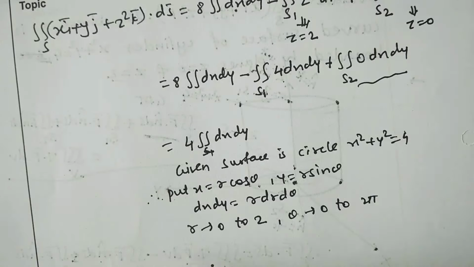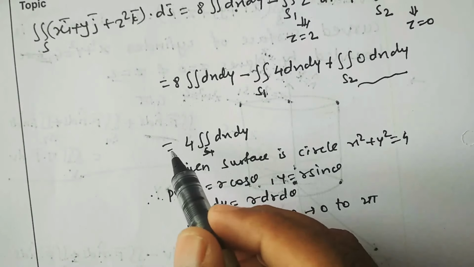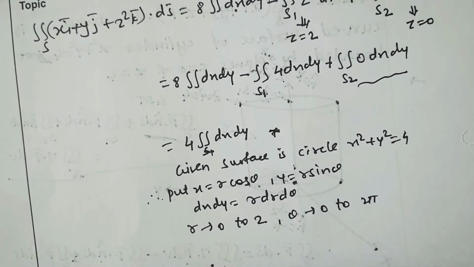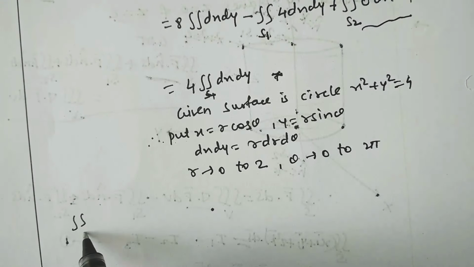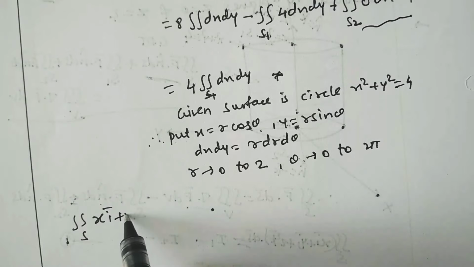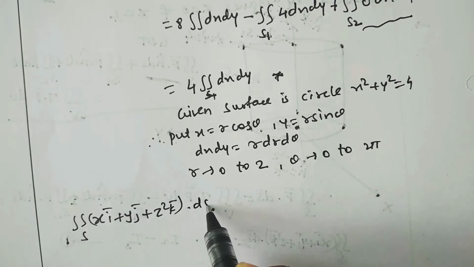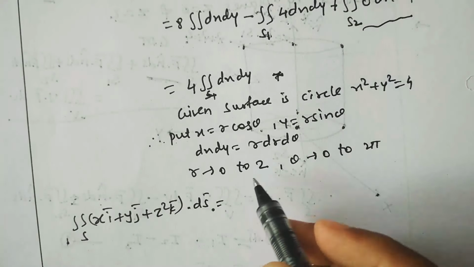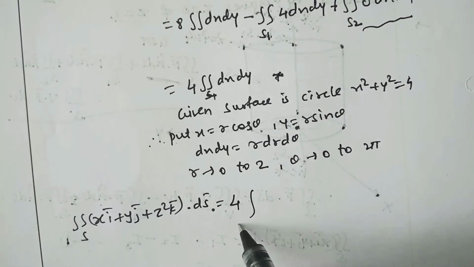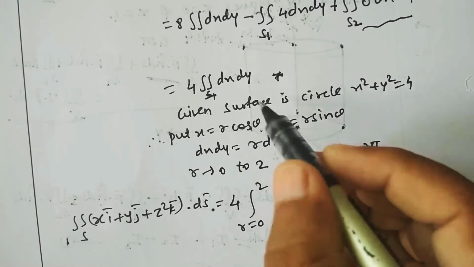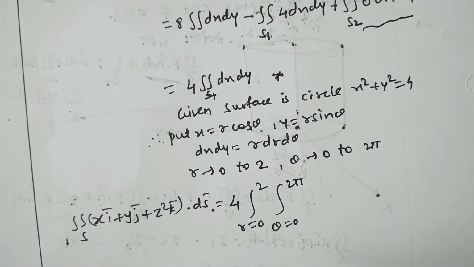Now put all these values in this equation. So you will get double integration over the surface S, x i bar plus y j bar plus z square k bar dot ds bar, equals 4 times, r varies from 0 to 2, theta varies from 0 to 2 pi.